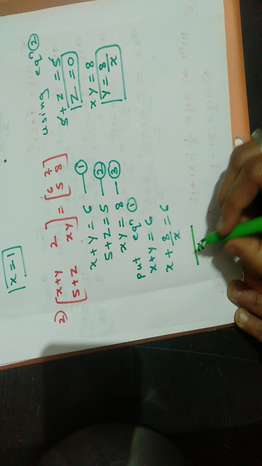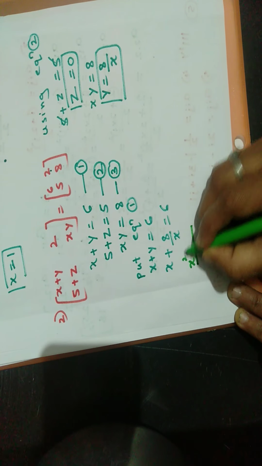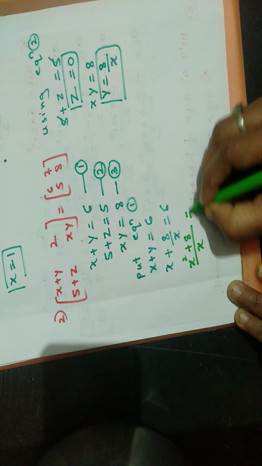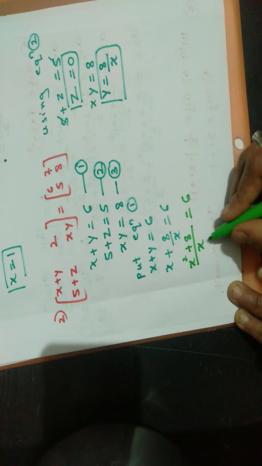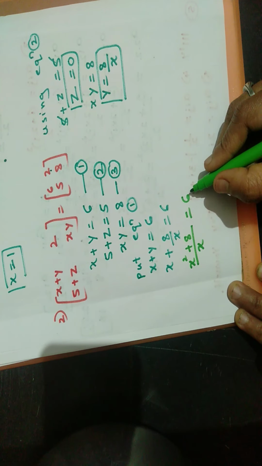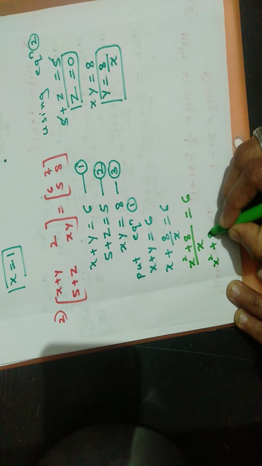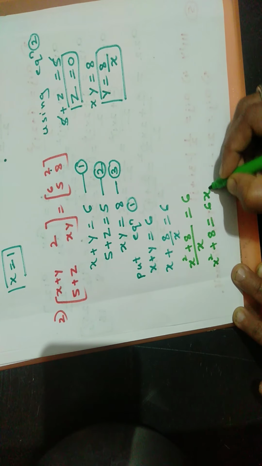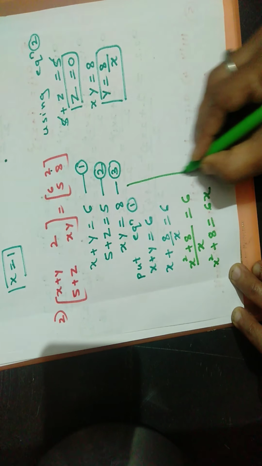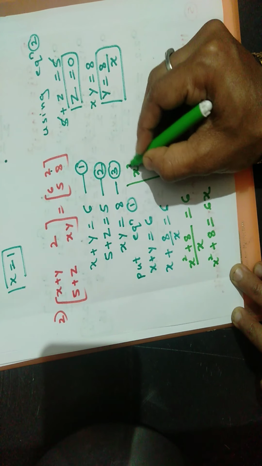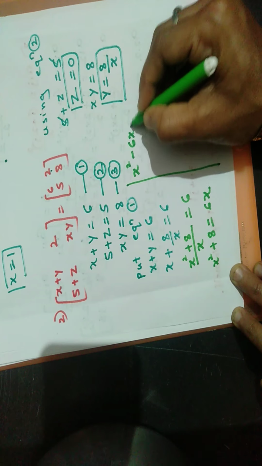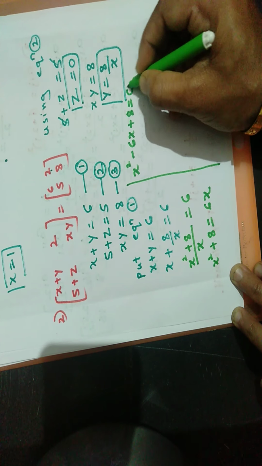Here x into x, that means x square plus 8, over x, is equal to 6. Here the denominator x goes to the RHS, so x square plus 8 is equal to 6x. So this equation we write as x square minus 6x plus 8 is equal to 0.